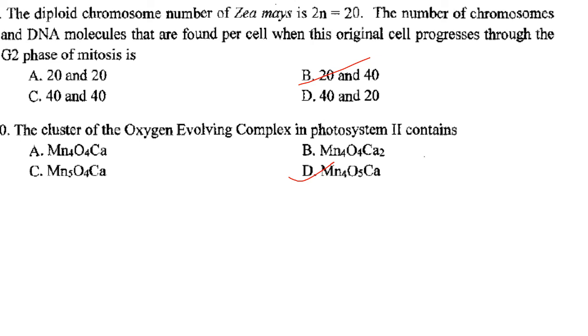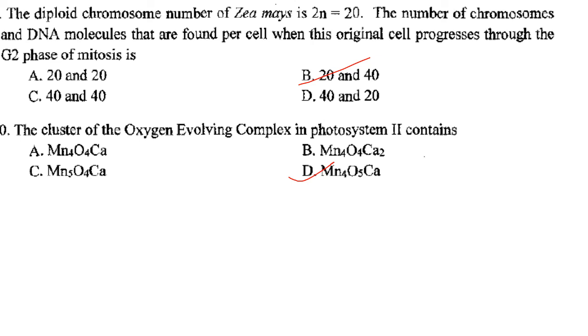So it will be carried over to the G2 phase. So G2 will have 40. So the number of chromosomes will be 20, but the number of DNA molecules will be 40 in the G2 phase of mitosis, because G2 comes after the S phase, and in S phase there is replication of DNA.